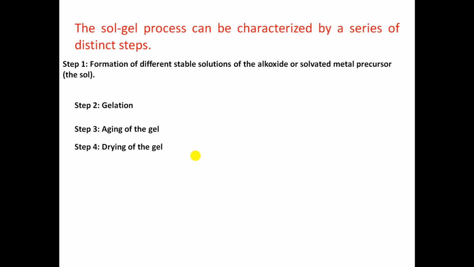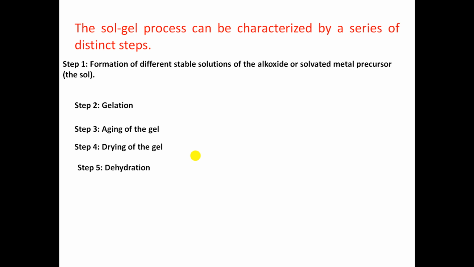If isolated thermal evaporation is used, a monolith, that is the xerogel, is formed. If the solvent such as water is extracted under supercritical or near supercritical conditions, the product formed is the aerogel. Next is dehydration.